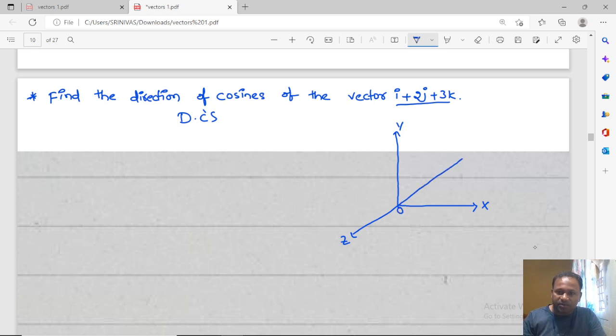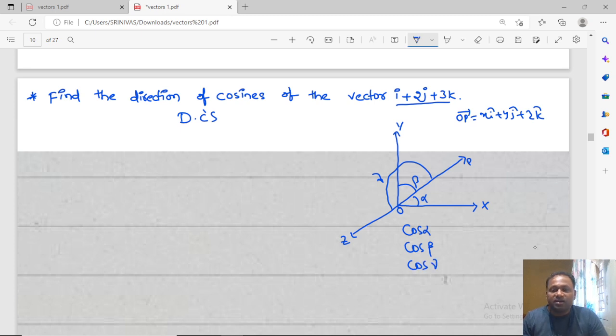If a vector OP bar is equal to xi plus yj plus zk, and the vector makes angle alpha with x-axis, beta with y-axis, gamma with z-axis, then cos alpha, cos beta, cos gamma are called direction cosines of the given vector. We will denote them with L, M, N.